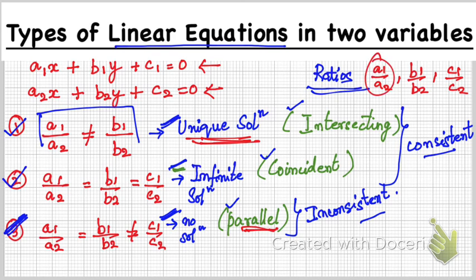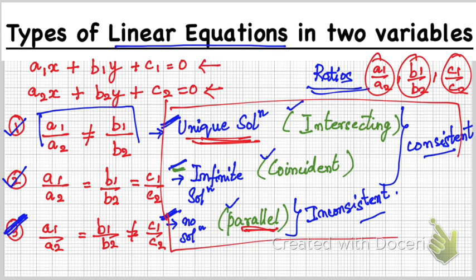If we compare these three ratios, we will know the kind of linear equation we have been given. You can identify it without drawing the graph, just by comparing the ratios.